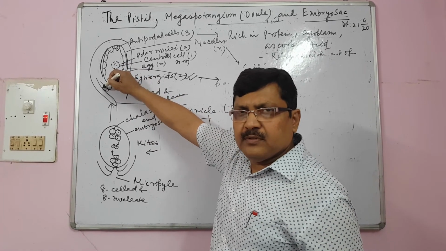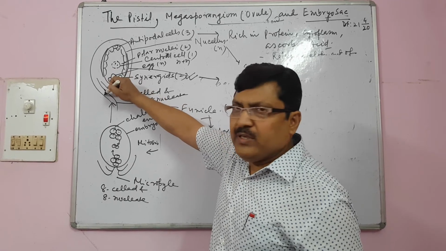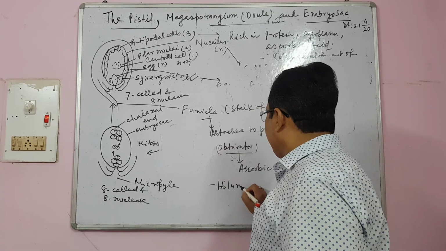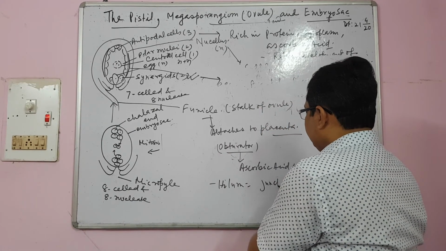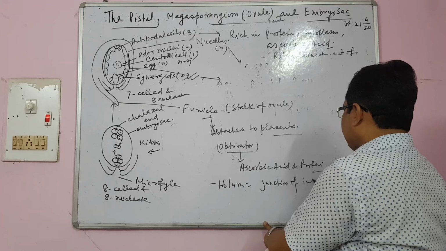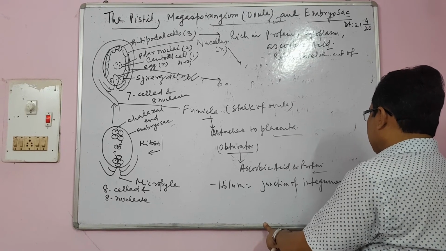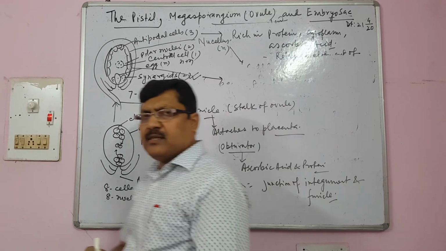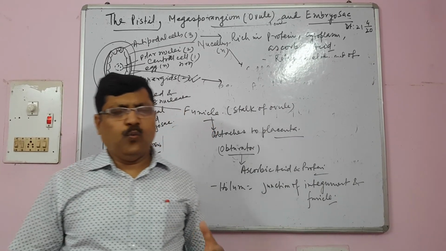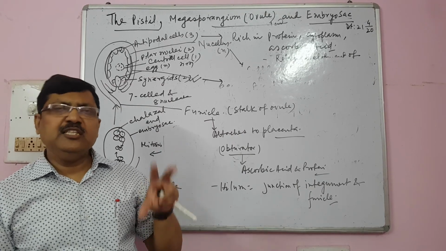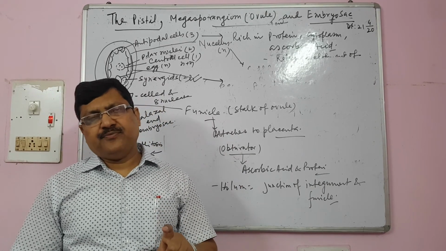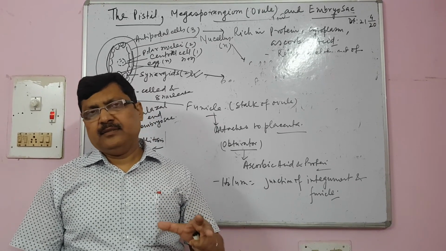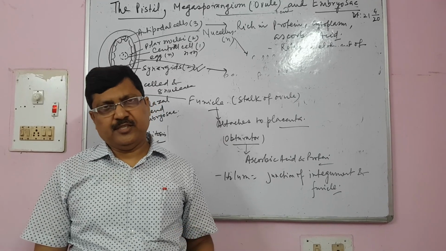The junction of integument and funicle is called the hilum. So this is the complete structure of the well-developed megasporangium, and within it the embryo sac is formed, which is a 7-celled, 8-nucleate structure, through megasporogenesis. That's all.